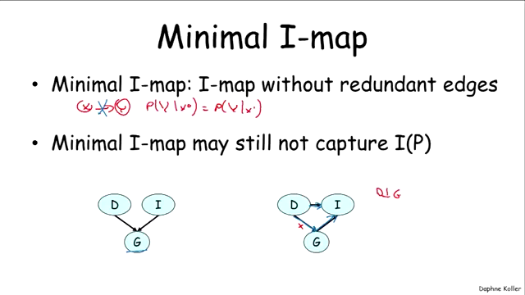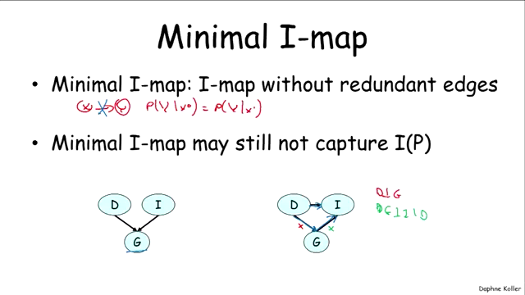So that one doesn't work. What about the second one? If we try and remove the second edge from G to I, that would correspond to a statement that G is independent of I given D, which is also not the case in our original distribution.